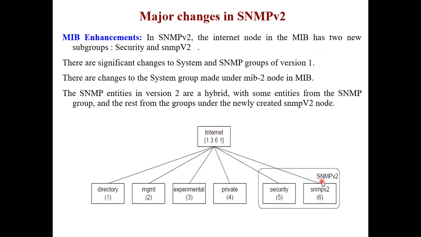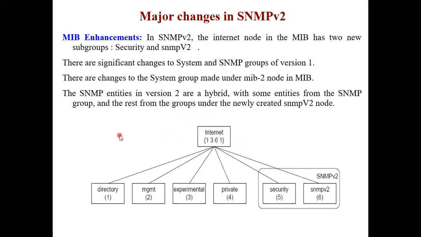The database was changed, the MIB was changed, and the system group in management also had a significant change compared to version 1. Here we have a separate SNMP version 2 node. Here a separate node has been created, and that's why we call version 2 a hybrid compared to version 1.